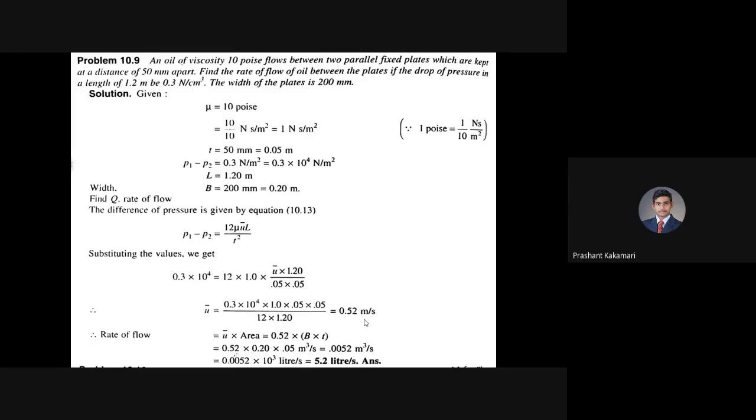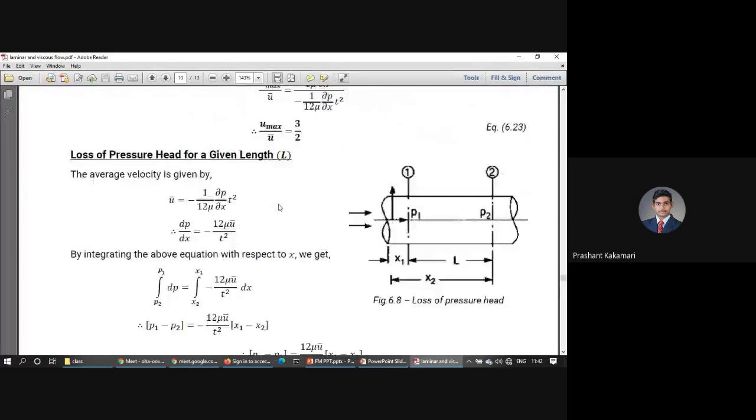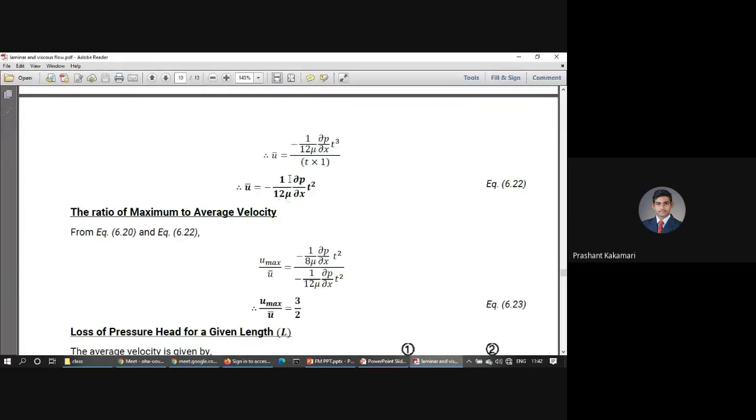Also check by this formula, we'll see. This U bar formula directly: U bar equal to 1 by 12 mu dou p by dou x into t square. This also you can check.